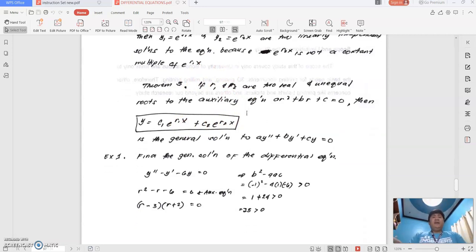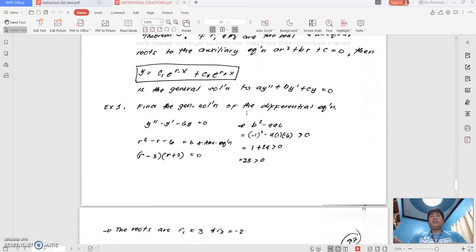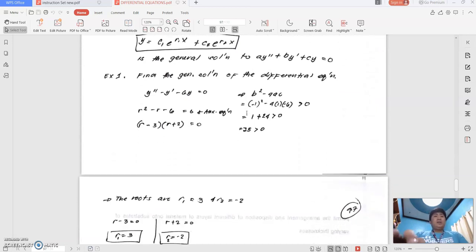So let's give an example so it is easier to understand. Find the general solution of the differential equation.